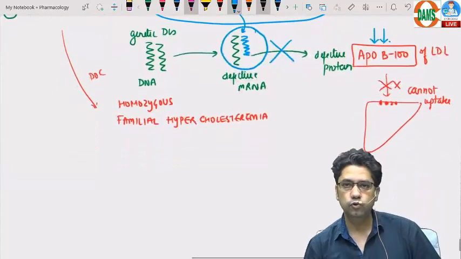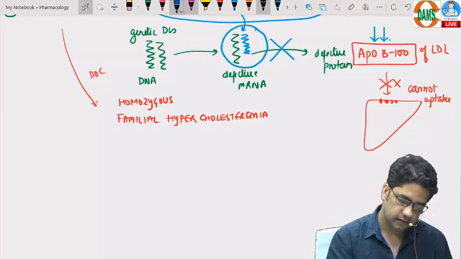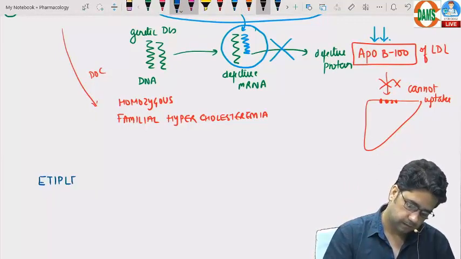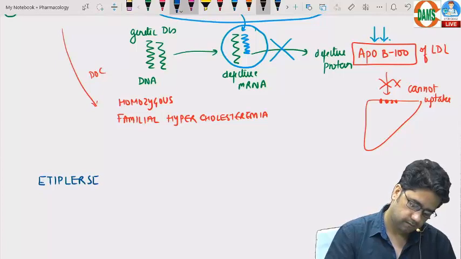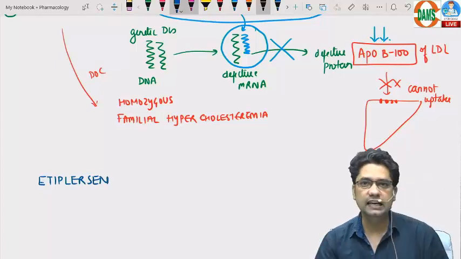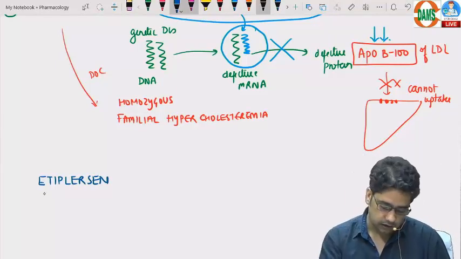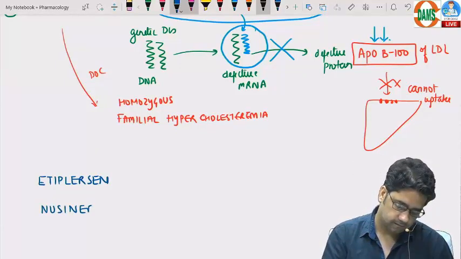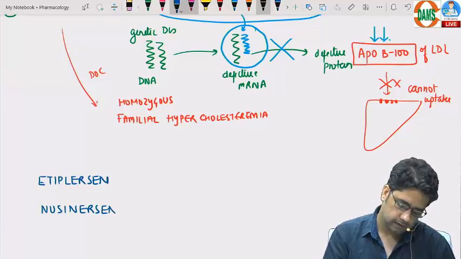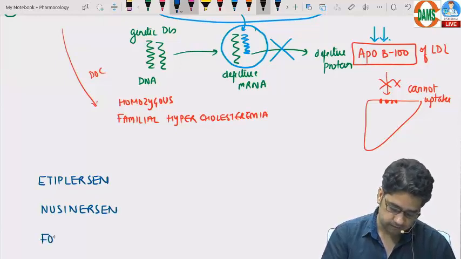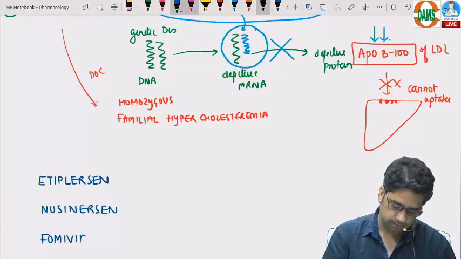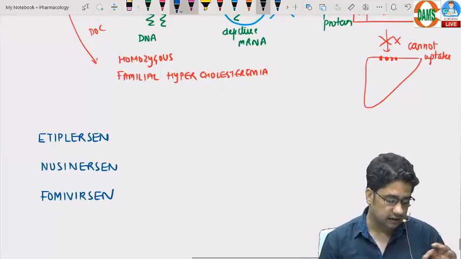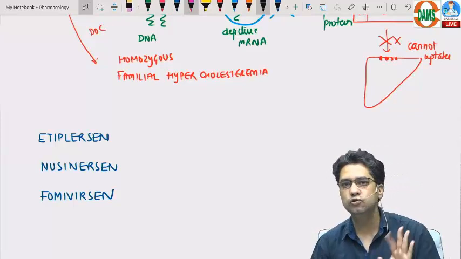I will give you 2-3 examples like etipleursane, another antisense oligonucleotide, nusinursane, fomivirsane. So any drug that ends with the word ursane will be an antisense oligonucleotide.